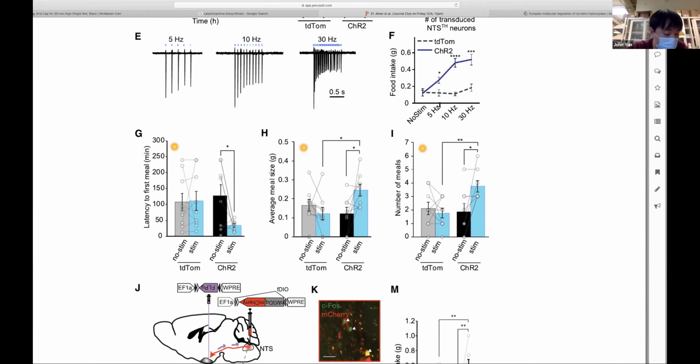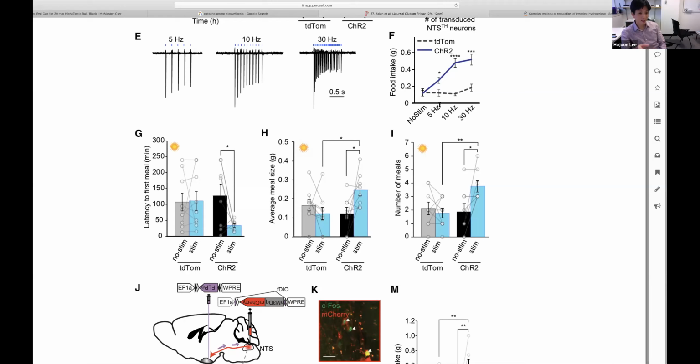So G measures the delay to the first meal. Figure H shows the size of the food, or the weight of the food being consumed. And I is again the frequency, so how many times they consume during that period. But G also I find quite surprising, right?